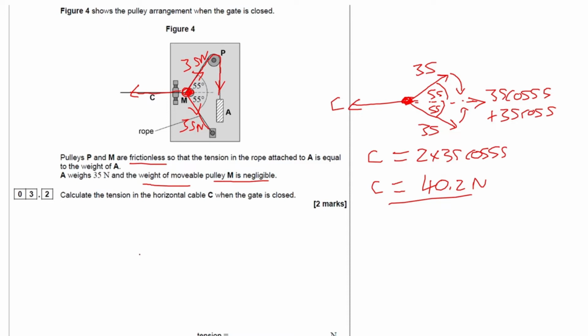And as the pulley M moves to the left, it actually decreases the angle in here. Okay, so these forces, these tensions, will no longer be 35 in order to keep point M still in equilibrium.